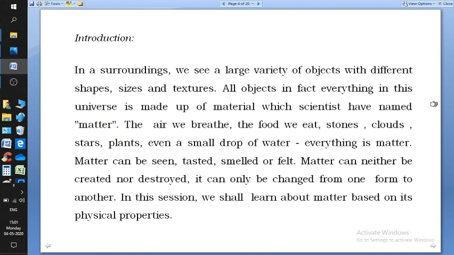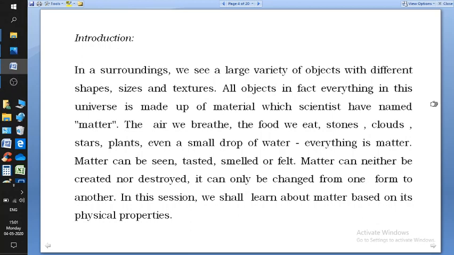So starting with the chapter, we're going to see first the introduction. In our surroundings, we see a variety of objects with different shapes, sizes and textures. All objects, in fact, everything in this universe is made of material which scientists have named matter.